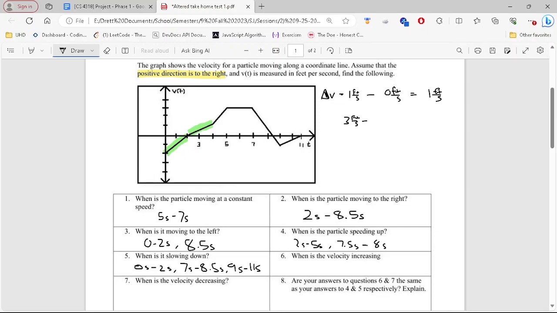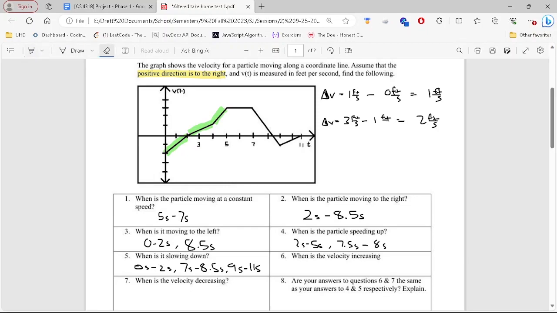And at 4 seconds, the velocity is 1 feet per second. So the change in velocity is positive 2 feet per second. So right here, it qualifies. Okay, let's try this next point.